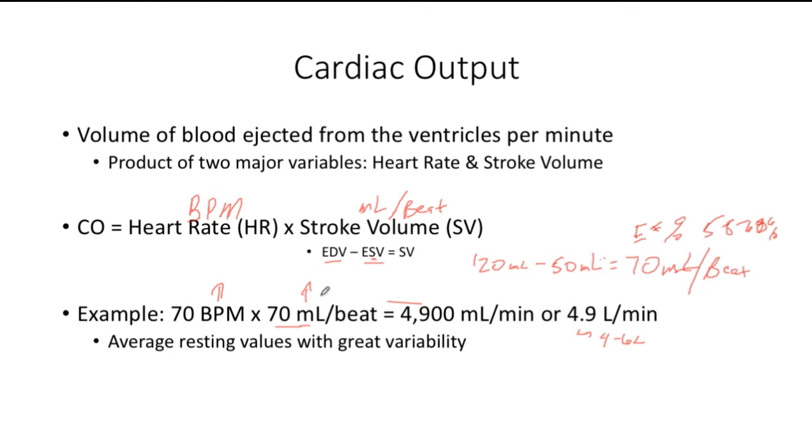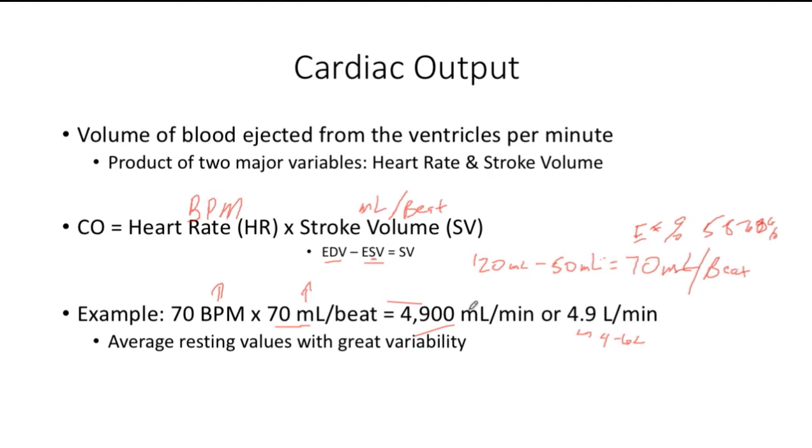Some of the most well-trained elite athletes in the world can have cardiac outputs that exceed 30 liters a minute, due to a combination of their heart and other physiologic variables. Mind you, these values can vary greatly if someone has cardiac complications, such as congestive heart failure or a heart attack, or if someone is taking certain medications. This is a number that can fluctuate greatly depending on certain situations.